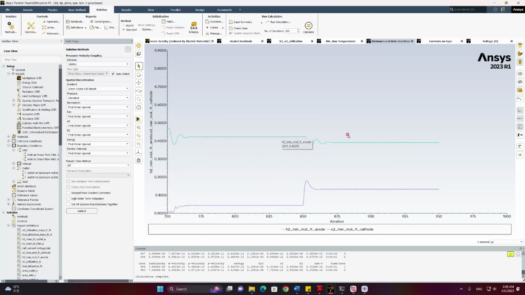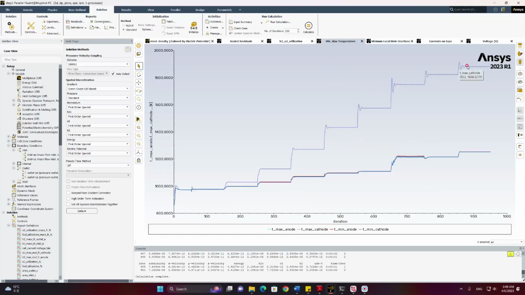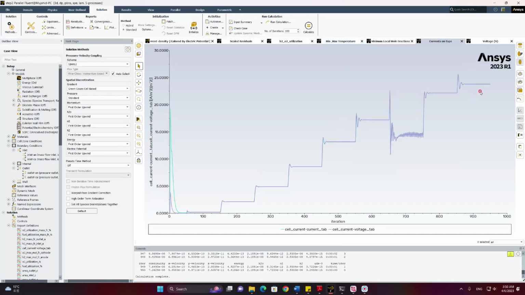The temperature has steadily increased because it was generating more power, and likewise the current on taps also increased.